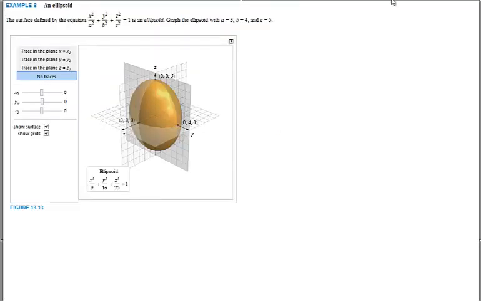In number 8, they want us to draw an ellipsoid with A being 3, B being 4, and C being 5. So on the x component, notice if I were to look at the xy trace, where the z is 0, it would be along this path here, and you just draw that largest ellipse for that.